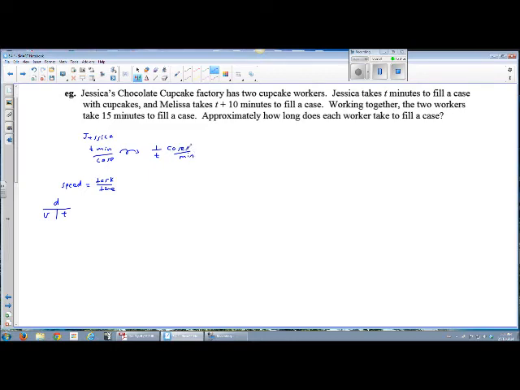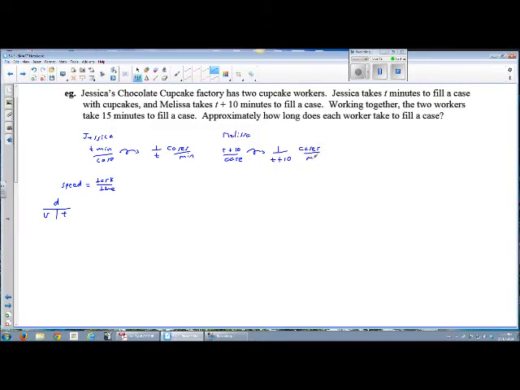Same thing with Melissa, she takes t plus 10 minutes per case. If we change that into a speed, we've got parts of a case per minute, and so she's got 1 over t plus 10 cases per minute.